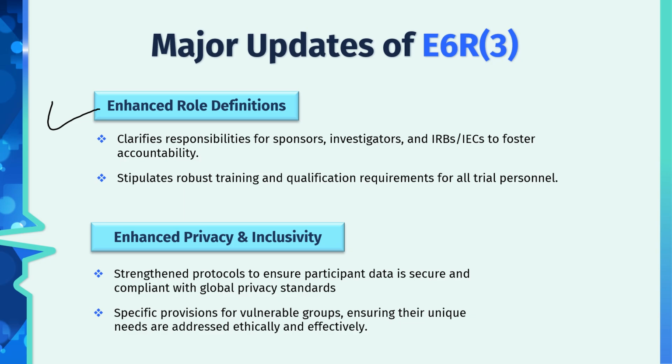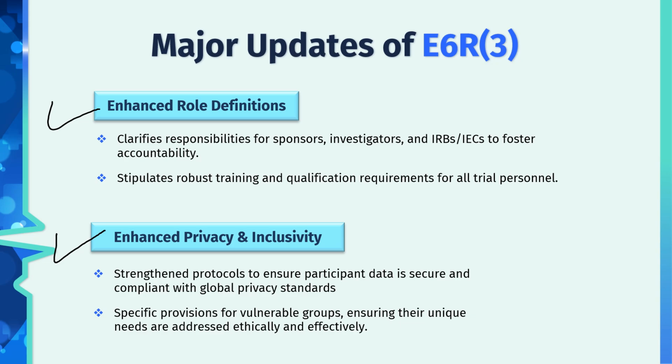The next aspect was enhanced privacy and inclusivity. In terms of privacy, we have seen the measures taken so far, but now the design itself is being strengthened. Whenever you design a protocol, you have to integrate the privacy aspect into it, so that it ensures participant data is very secure and compliant with global privacy standards.